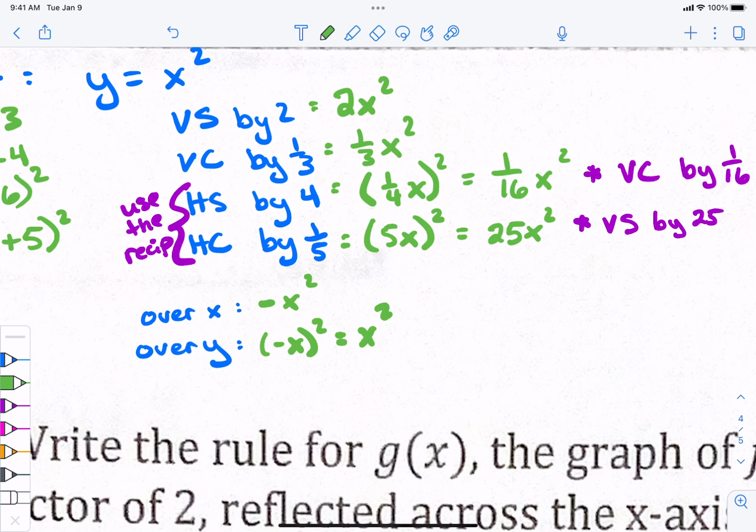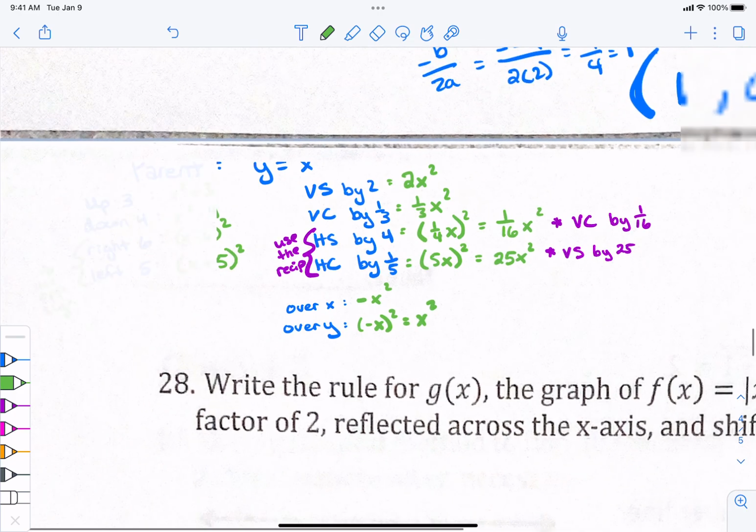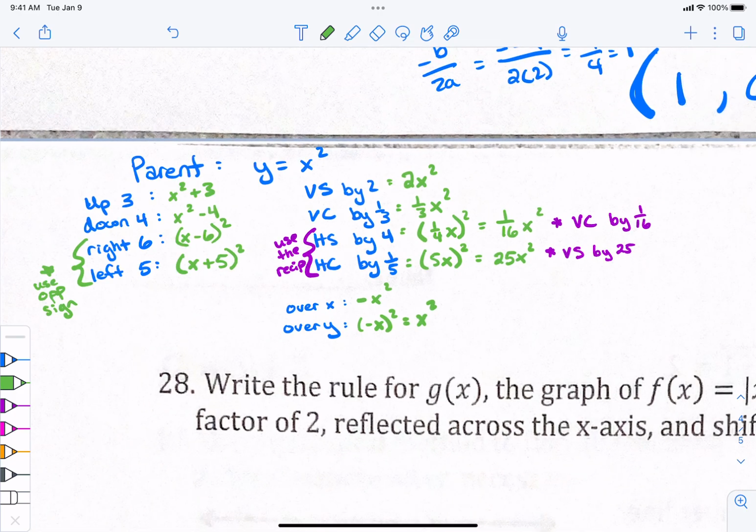Because if you take a parabola, x squared, and you flip it over the y-axis, doesn't it make the same thing again? Right? Shake your head yes, even though you don't know what I'm talking about. Okay, there you go. There are the rules. That was a lot of stuff for like 2 problems, but there they are.